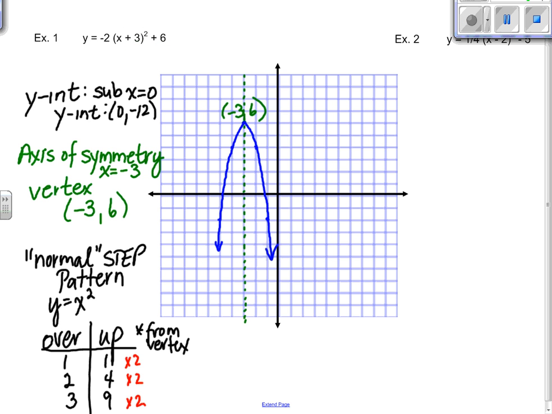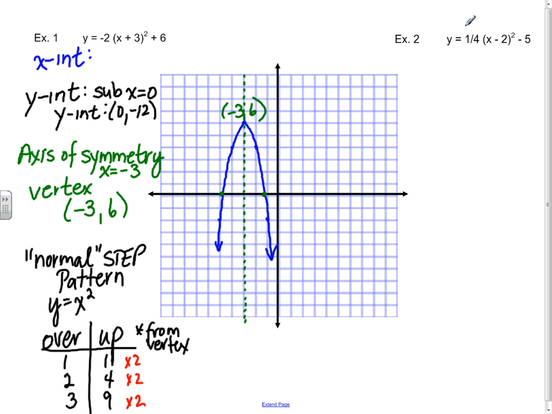Lastly, x-intercepts are a very important key feature. Some parabolas have no x-intercept, some have a single x-intercept, and some parabolas have 2. This particular parabola has 2 x-intercepts, one here and one here.